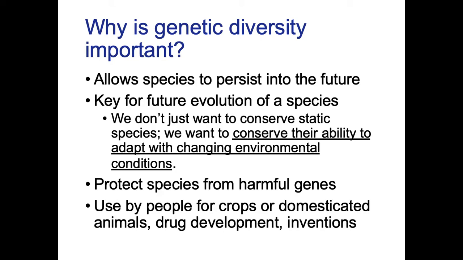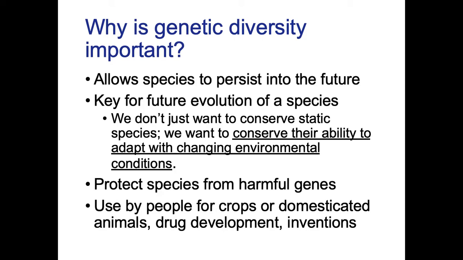So we can breed and make new varieties of different crops so that they're more drought resistant, or have more nutrition, or are resistant to some kind of pest that is becoming more abundant. Things like that. And that's both important for crops and domesticated animals. Genetic diversity is also really important for drug development. So genes that code for unique compounds that we can make into pharmaceuticals.